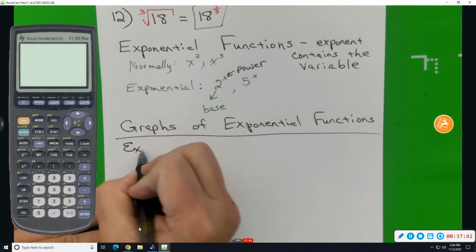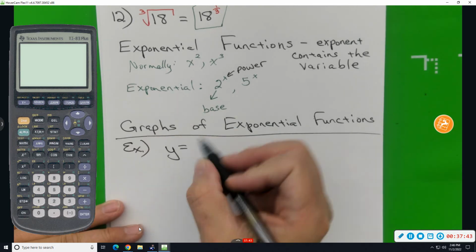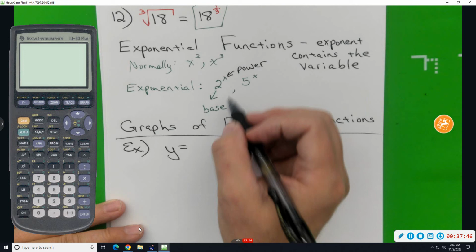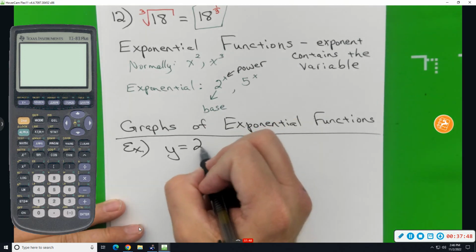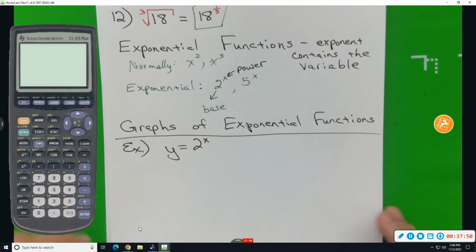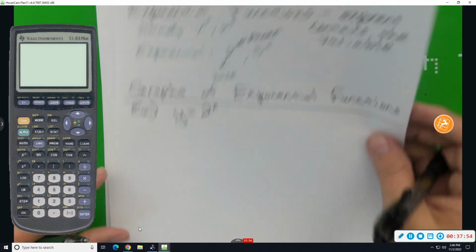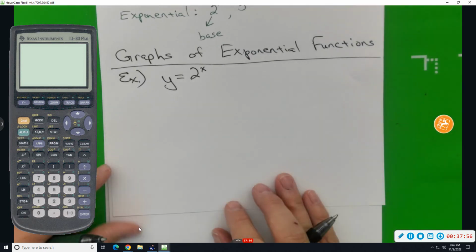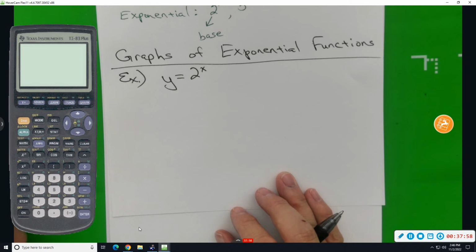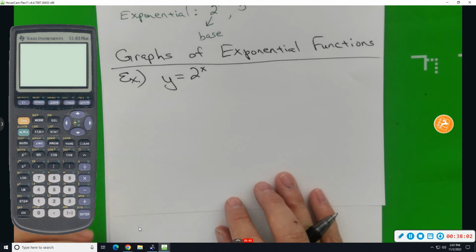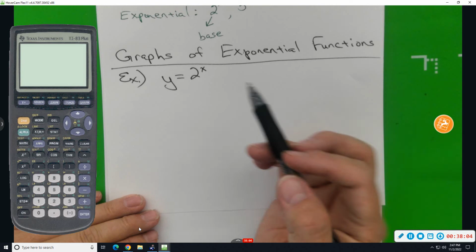I'm just going to make up an example. Y equals, I think I'll use this, 2 to the x. Y equals 2 to the x. To graph exponential functions, we're just going to make a table of values and plot points. We're not going to do anything real sophisticated, but let's think about this a moment.